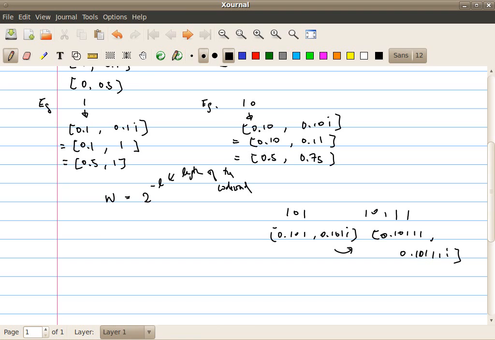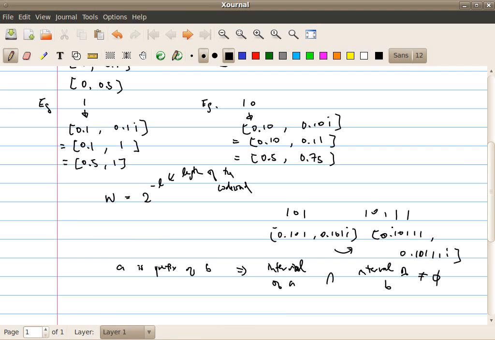So if A is a prefix of B, then the interval of A will include the interval of B. When one interval includes the other, this implies that the intersection of the intervals is not an empty set, that is, the two intervals overlap with each other.